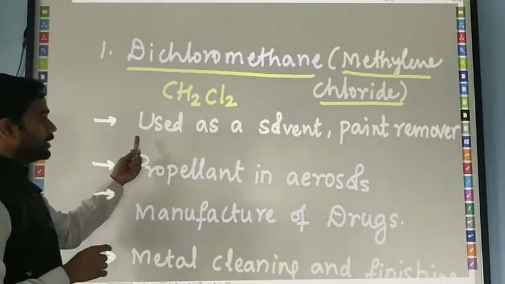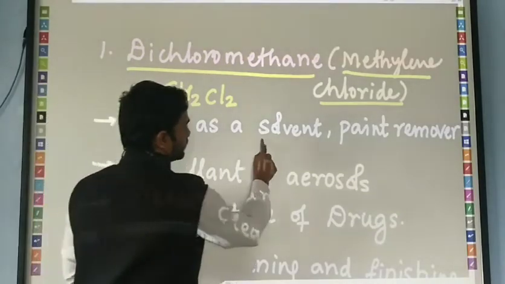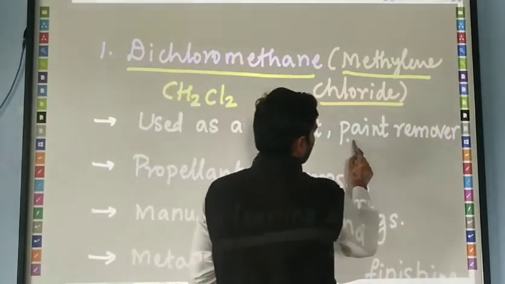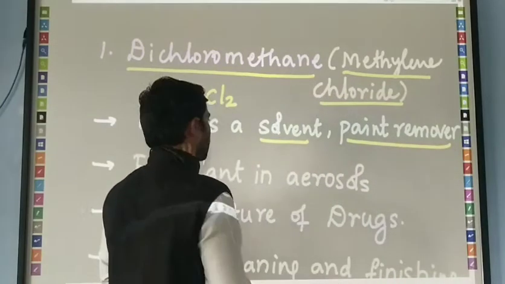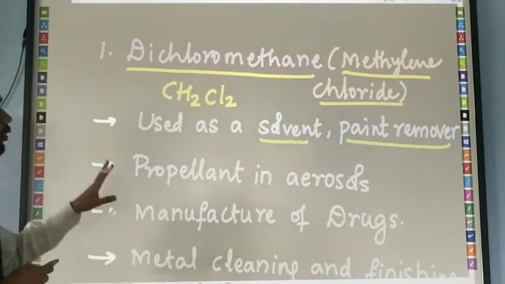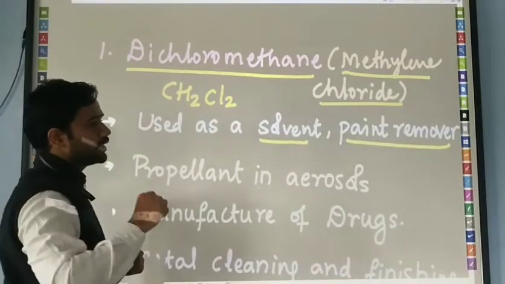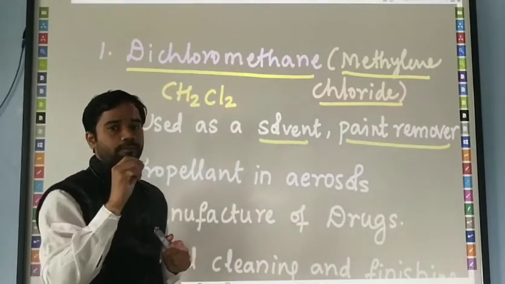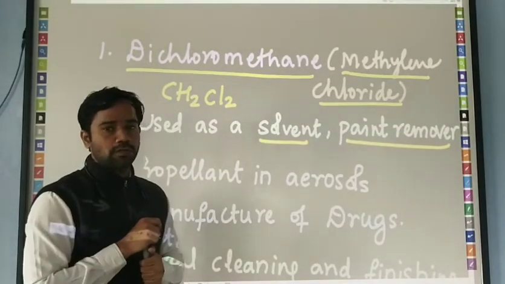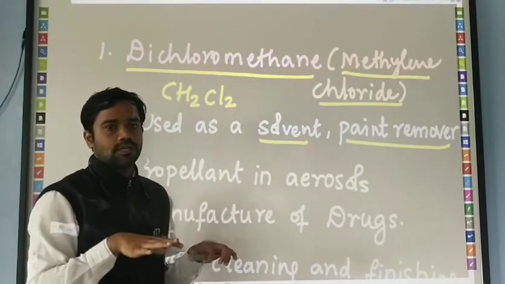Where is it going to be used? Let's see. It is used as a solvent, especially in paint remover. I think we already studied one thing known as nail polish remover. Can you name it? Just comment below.